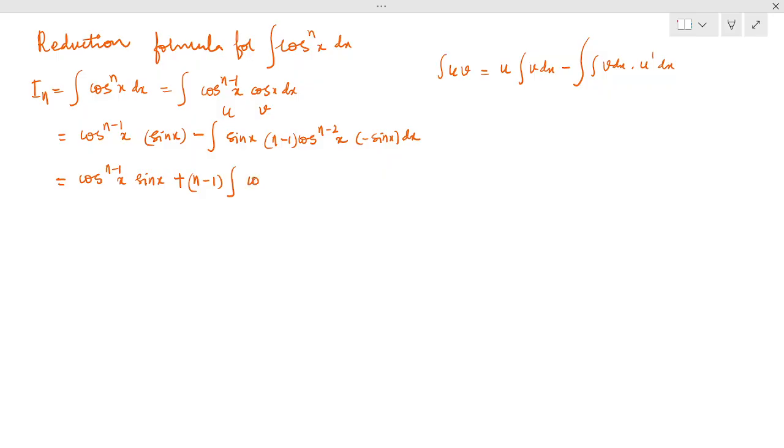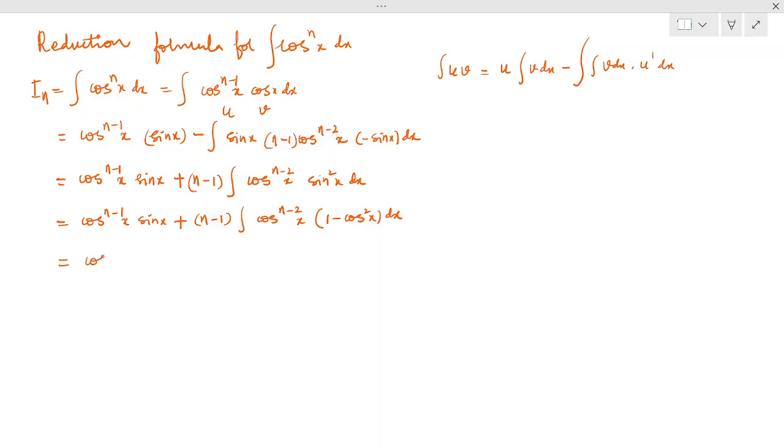Take this n minus 1 outside. First you can write cos raised to n minus 2 x, and sin x into sin x is sin square x, so you can write sin square x into dx. In the next step, this is cos raised to n minus 1 x into sin x plus n minus 1 times, you can use the first identity, cos raised to n minus 2 x as it is, and sin square x can be written as 1 minus cos square x, into dx.